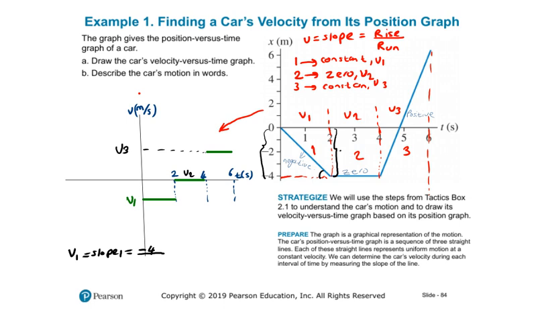It's 4. I can also take minus 4. Again, we know it's negative. We can drop the minus, but let's take minus 4, divided by the run, which would be this over here, 2. So it's minus 2 meters per second. That means it's negative.